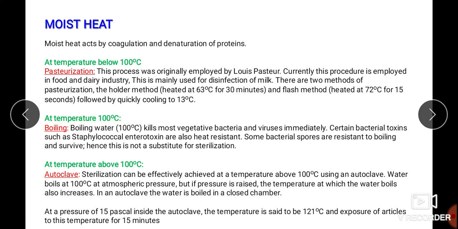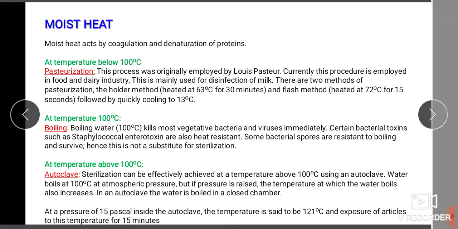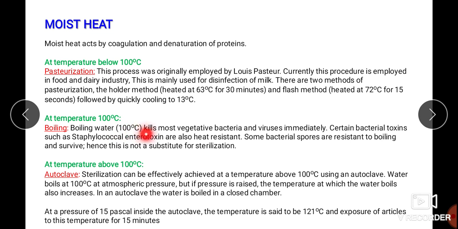At a temperature of 100 degrees Celsius, boiling of water kills most vegetative bacteria and viruses. Certain bacterial toxins such as staphylococcal enterotoxins are heat resistant. Some bacterial spores are resistant to boiling and survive. Hence, this is not a substitute for sterilization.